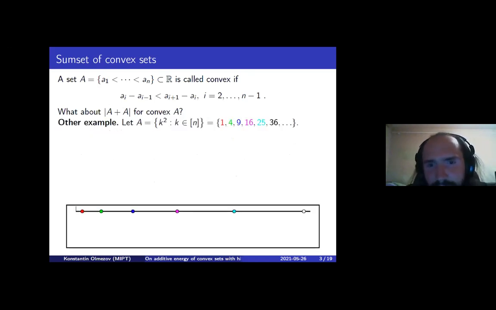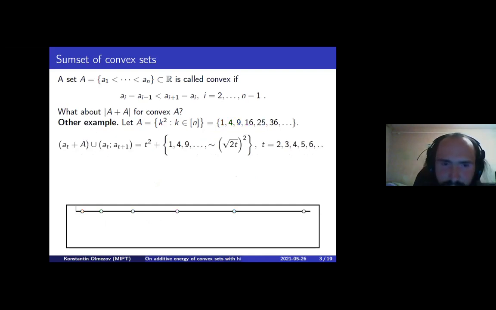If we consider another example, such as squares of numbers, we cannot use such a method to obtain very good lower bounds.